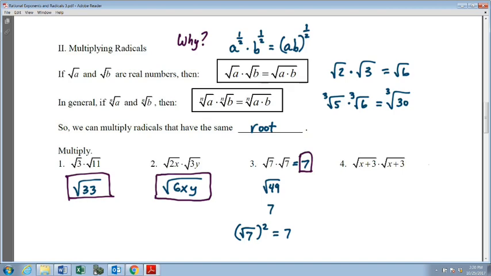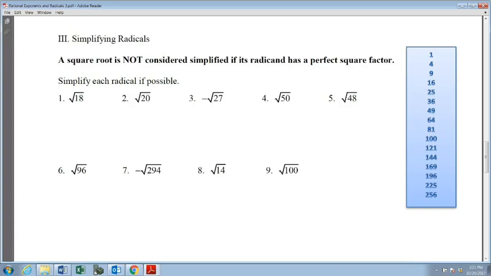I just need to know that when I multiply the square root of a number times the square root of the same number, I'm just going to get the radicand as my answer. So on number 4, we're just going to get x plus 3. So this is an important one to remember when we move on later to some of the things we'll be doing. Alright, let's talk about simplifying radicals.